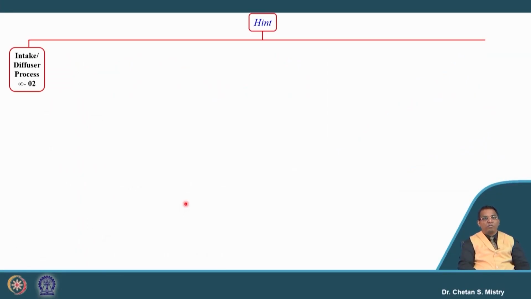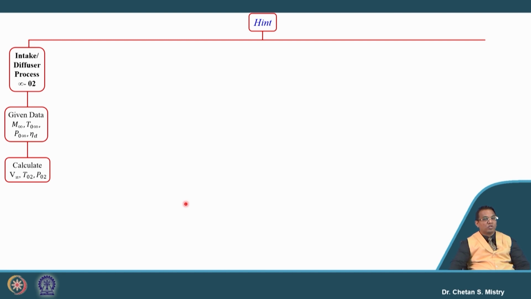Now, again let us give the solution. We have our components similar to what we solved for our earlier numerical. Here in this case, M infinity is given as 0, so we will be calculating our exit conditions from the inlet.